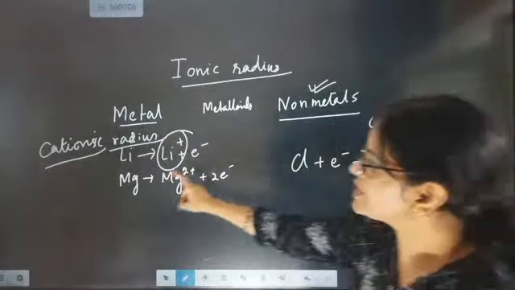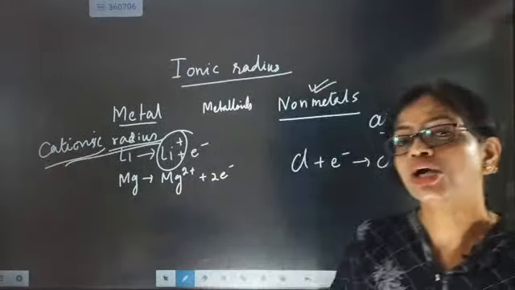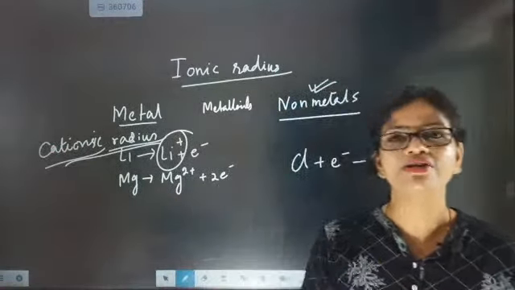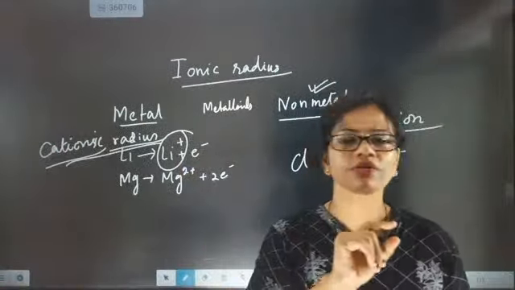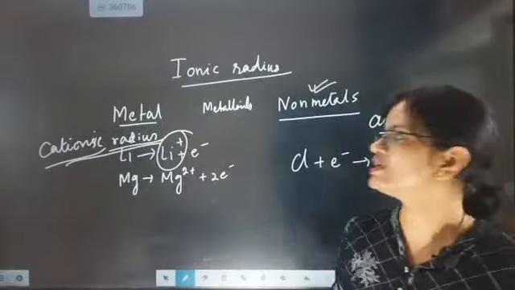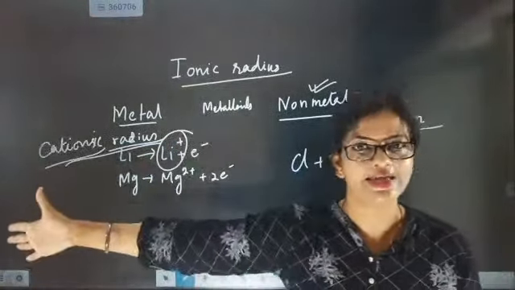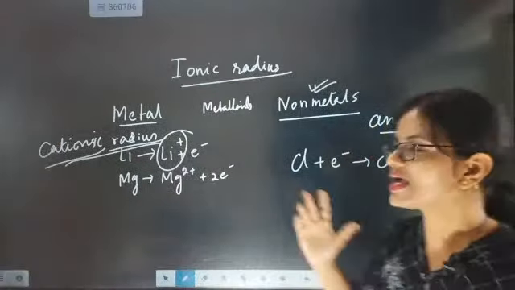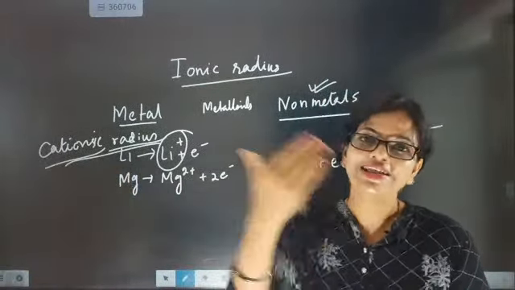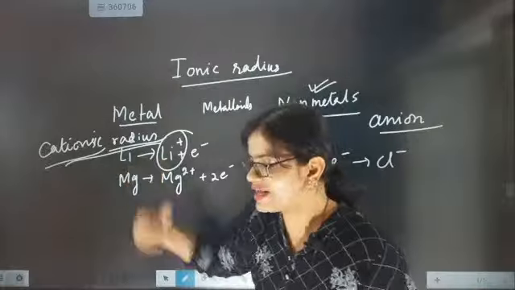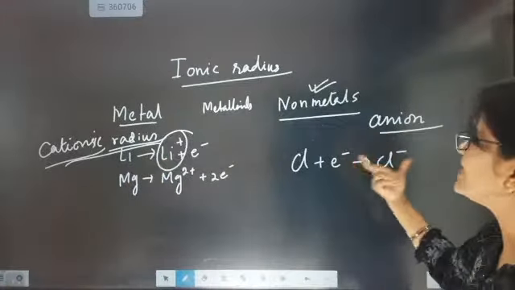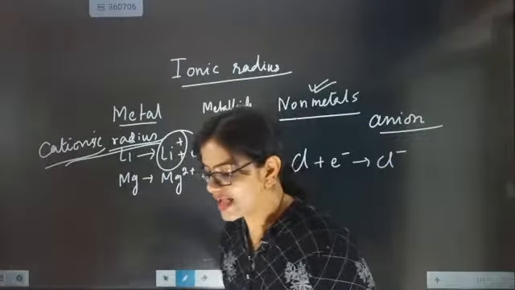I hope you have understood what is cationic radius. For a basic point, until the PDF reaches you, just remember: metals form cations and non-metals form anions. The one which releases electrons will have cationic radius, and the one which gains electrons will have anionic radius.